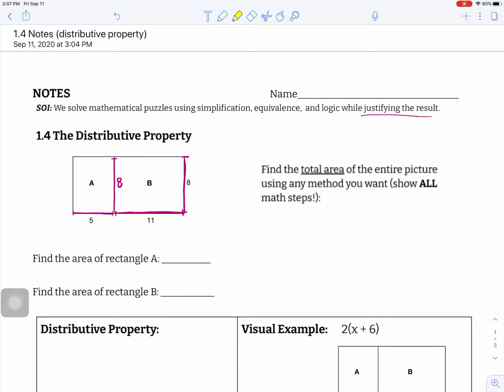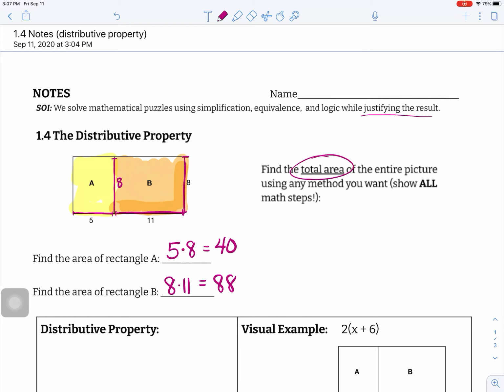So when I'm finding the area of rectangle A, I'm taking the length times the width. That would be 5 times 8, and that would be 40. When I'm finding the area of rectangle B, I'm taking the length times the width, which is 8 times 11, and that's 88.